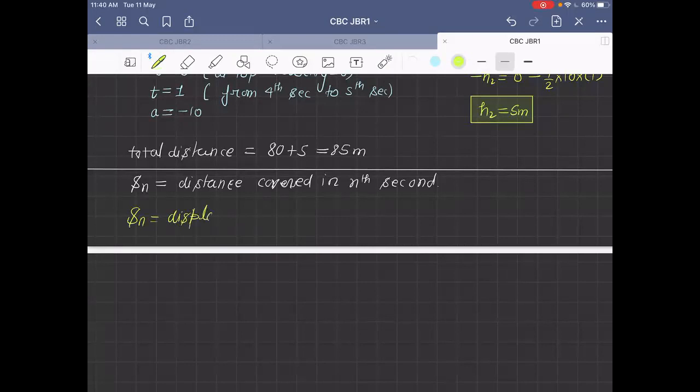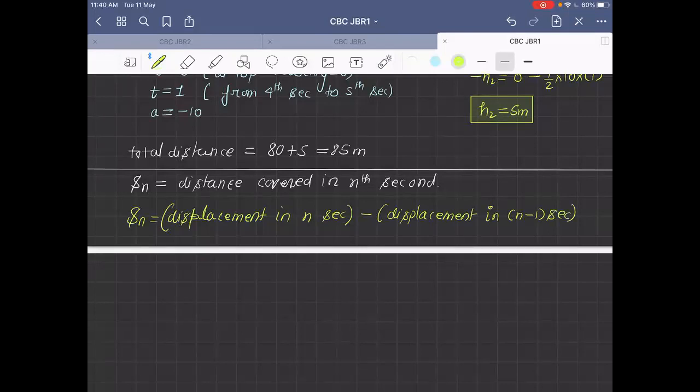I should write displacement, not distance. Displacement in n seconds. That n could be anything like 10 seconds, 9 seconds. N second minus displacement in n minus 1 second.